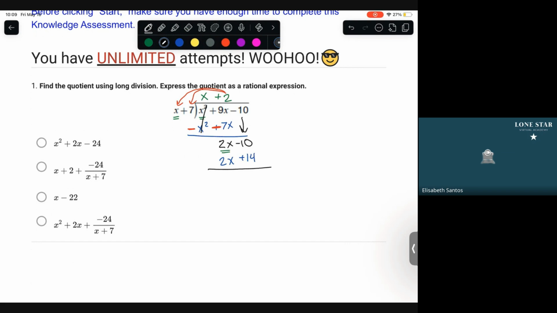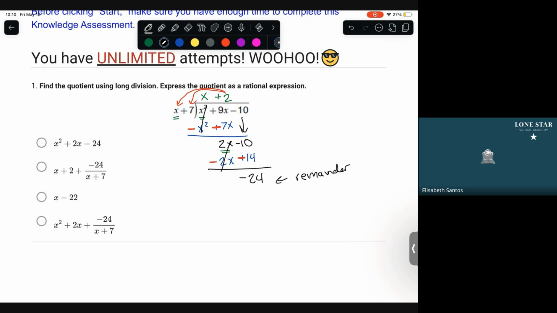And then we're going to subtract those. So there'll be minus 2x and then minus 14. And we get 2x minus 2x, which is 0. And then minus 10 minus 14 is negative 24. And that is our remainder.